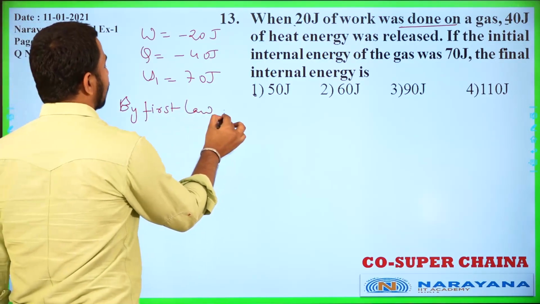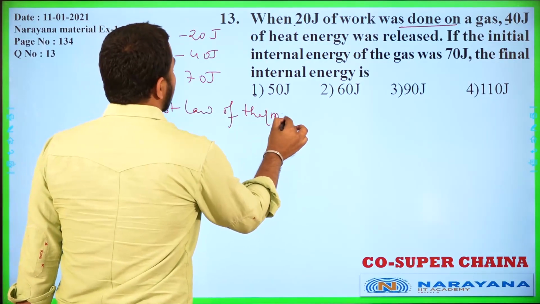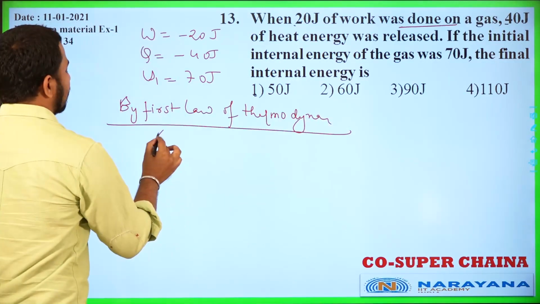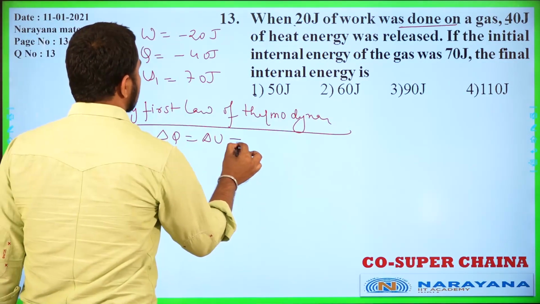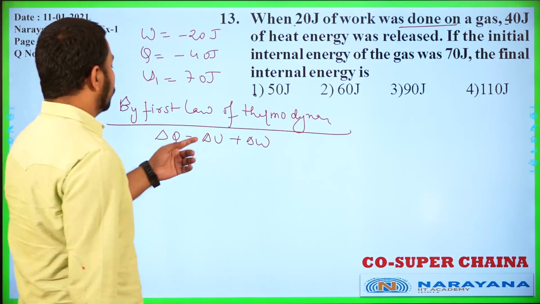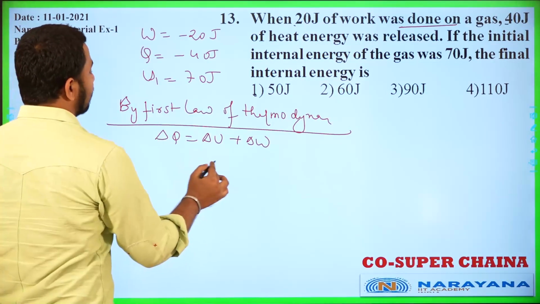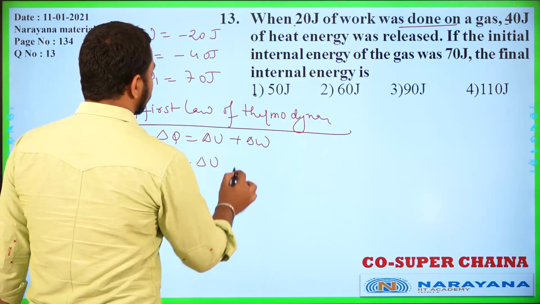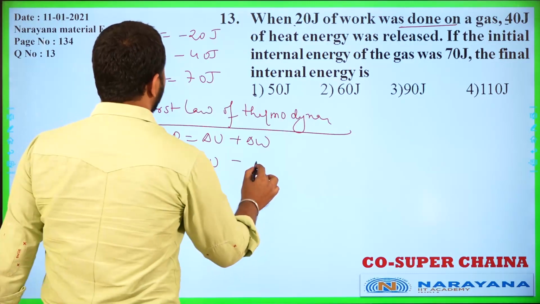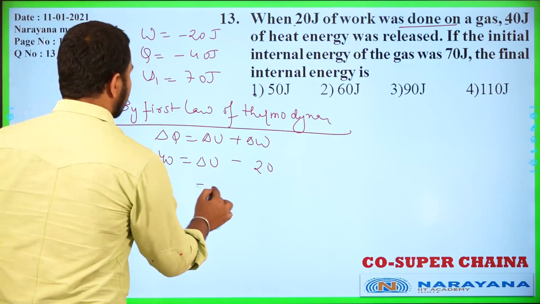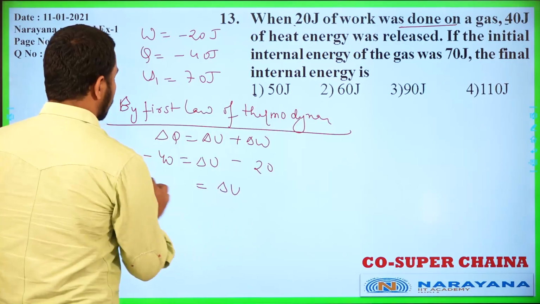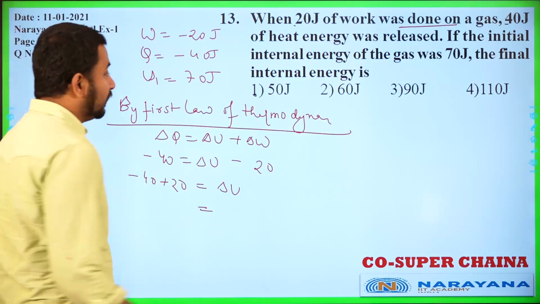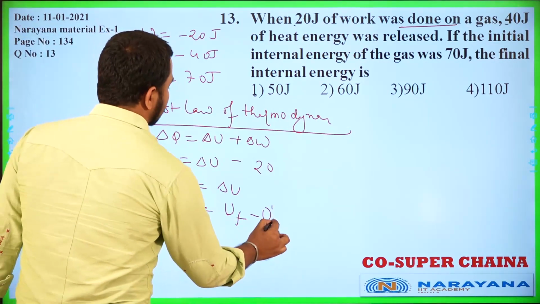By the first law of thermodynamics, in an isolated system, we can write delta Q is equal to delta U plus delta W. So delta Q is given as minus 40, delta W is minus 20. From here we get delta U equals minus 40 plus 20. And you know delta U is nothing but U final minus U initial.